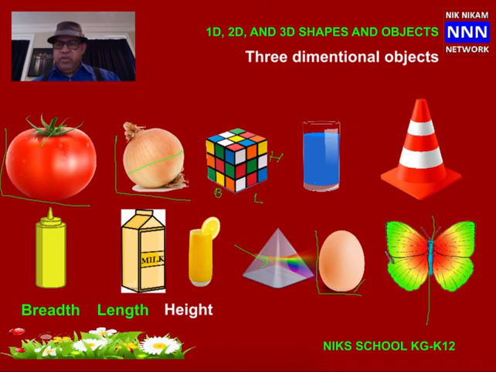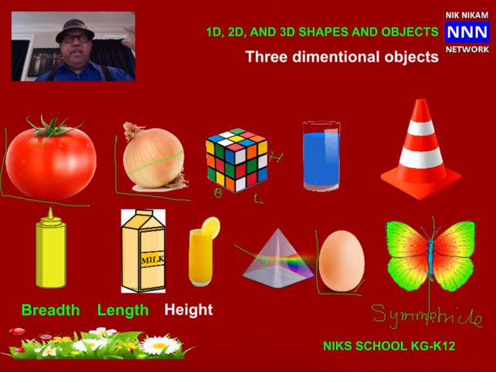So this is called symmetrical. Let me see if I can write it here. Yes, see, symmetrical. So this is called symmetrical. That means it looks identical on both sides.